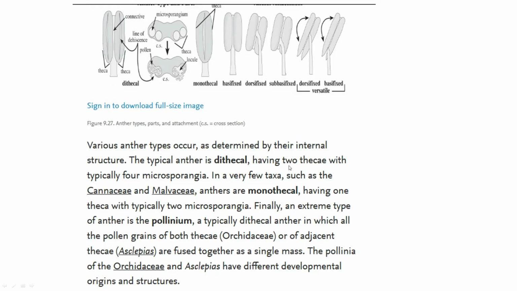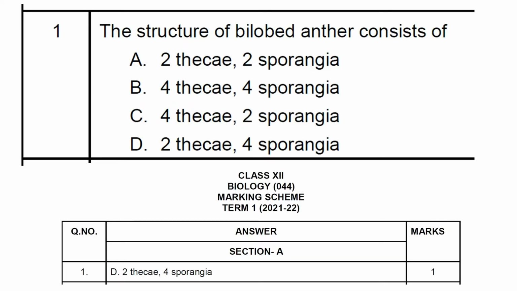Googling this question, I found out that a typical anther is actually dithecal. That means an anther has got two thecae with 4 microsporangia. That means the CBSE marking scheme for the sample paper is right. The correct option is D, 2 thecae and 4 microsporangia.